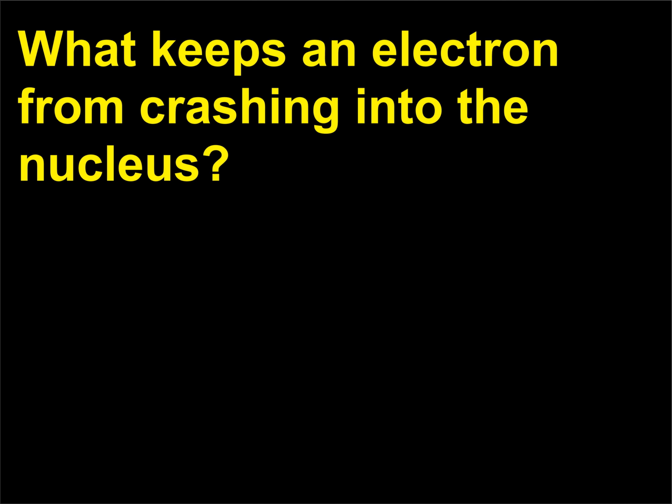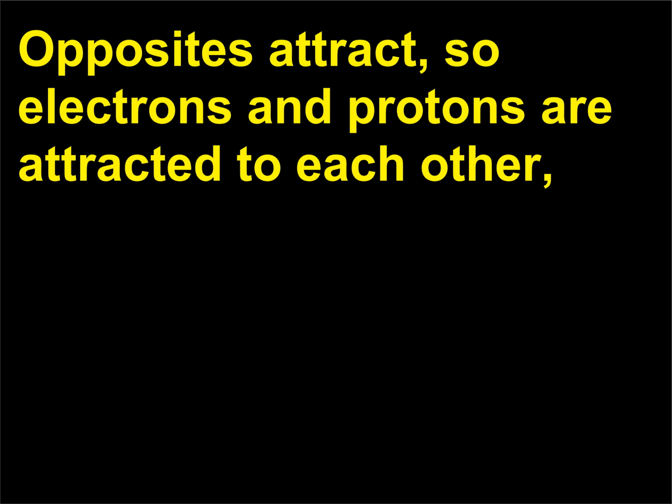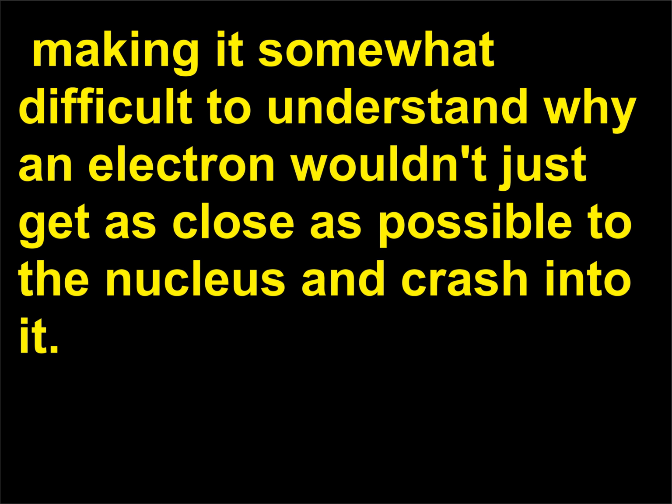What keeps an electron from crashing into the nucleus? Opposites attract, so electrons and protons are attracted to each other, making it somewhat difficult to understand why an electron wouldn't just get as close as possible to the nucleus and crash into it.